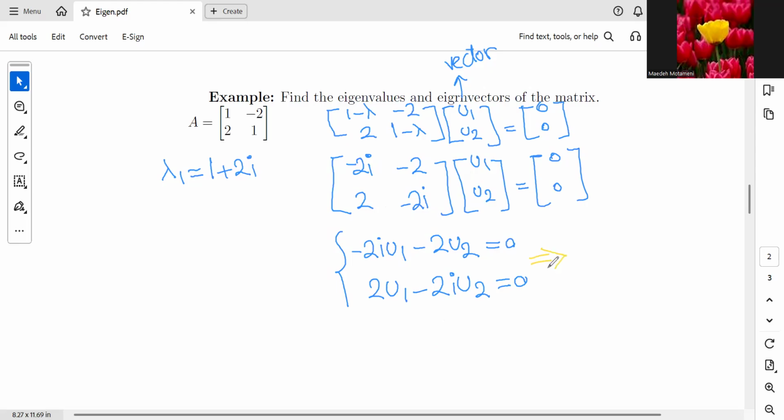Okay, so from this, you can pick the first one or the second one. If you pick the first one and you add 2 v sub 2 to both sides, you would get negative 2i v sub 1 equals 2 v sub 2. And from here, we can cancel these two out, and negative i v sub 1 equals v sub 2.